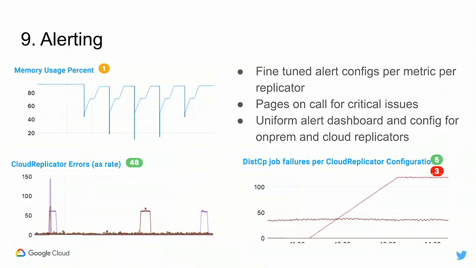We also have comprehensive alerting for our existing replicators, and the same thing translates to the Google replicator. If there are problems, for example in the bottom graph you see some DistCp jobs failing, we can configure rules which will page if you cross some threshold.